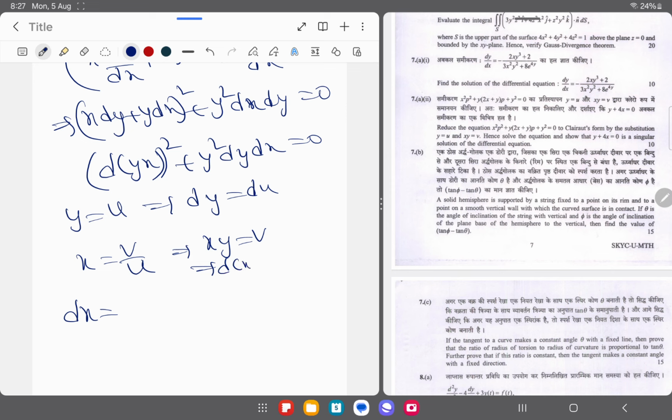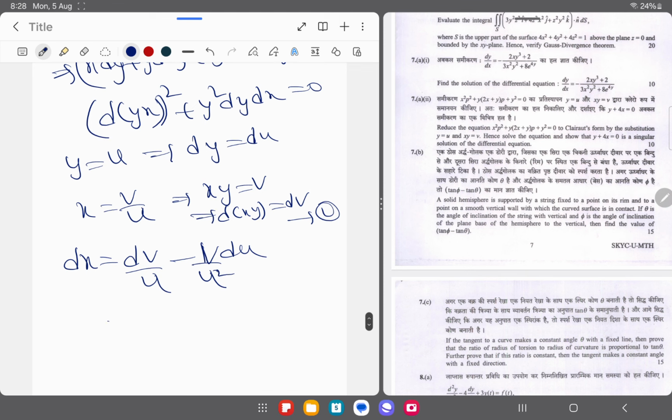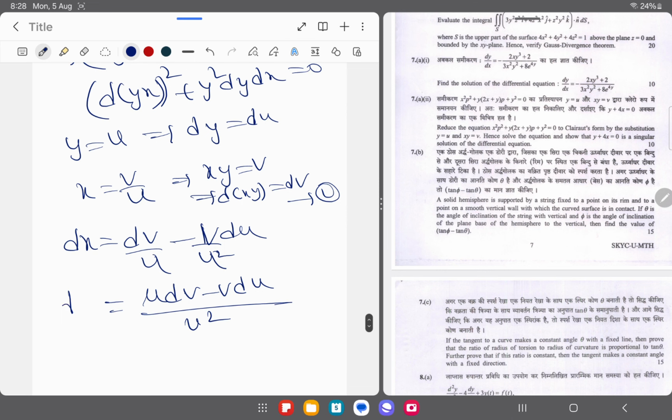This implies d of xy is equal to dv. Now what will be dx here? dv by u minus 1 by u squared v du, right? So this will be u dv minus v du by u squared. This is dx.